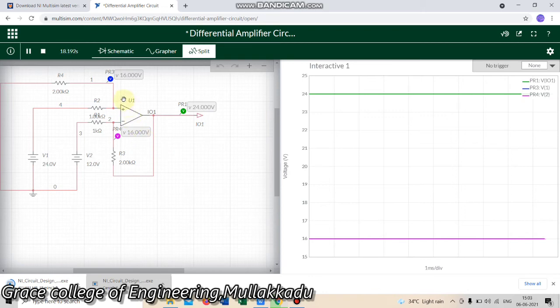Therefore, here we are taking the V1 as well as V2 value as 16 and 16. Therefore, the output voltage we obtained is 24. See, this is the waveform of the output 24, and this is the input 16, 16.